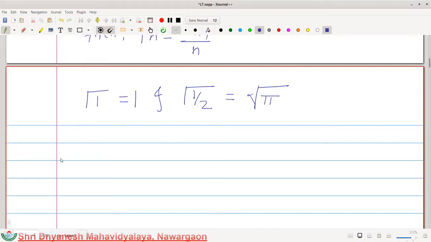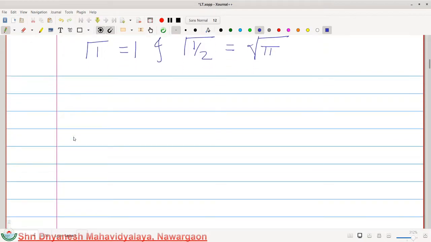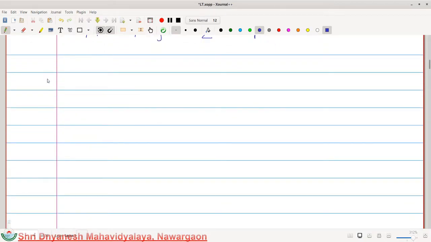Okay, so let us find that. Laplace transform of t power n equals question mark, if n is negative and not equal to -1, -2 and so on.